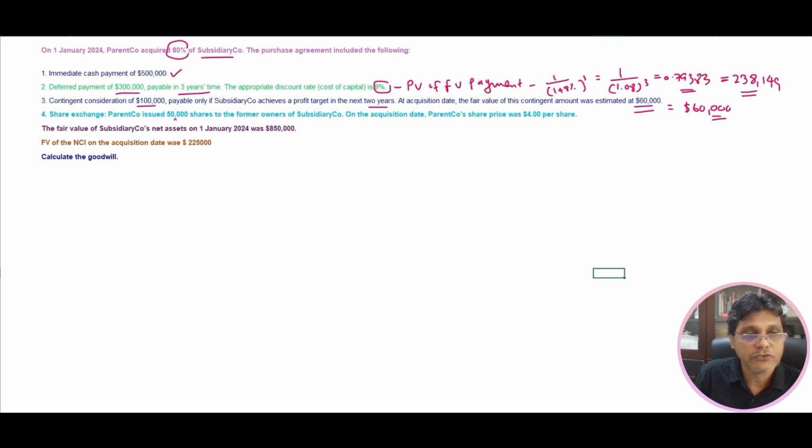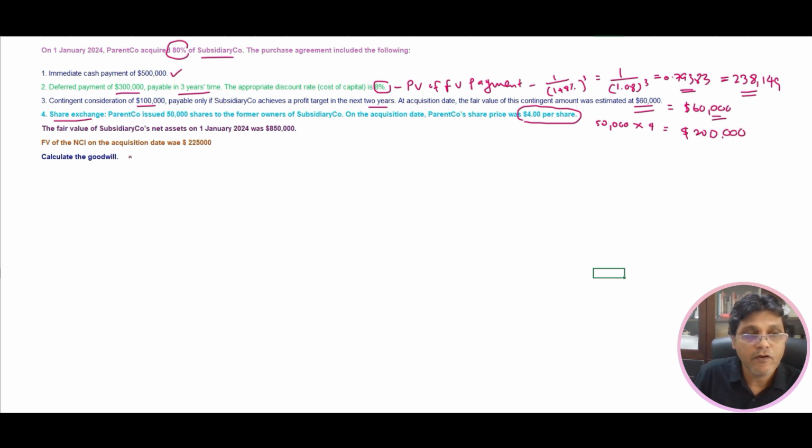Parent company issued 50,000 shares to the former owners of subsidiary company on the acquisition date. The parent company share price was $4 per share. So to calculate the share exchange value, 50,000 shares at 4 per share, the total will be 200,000.